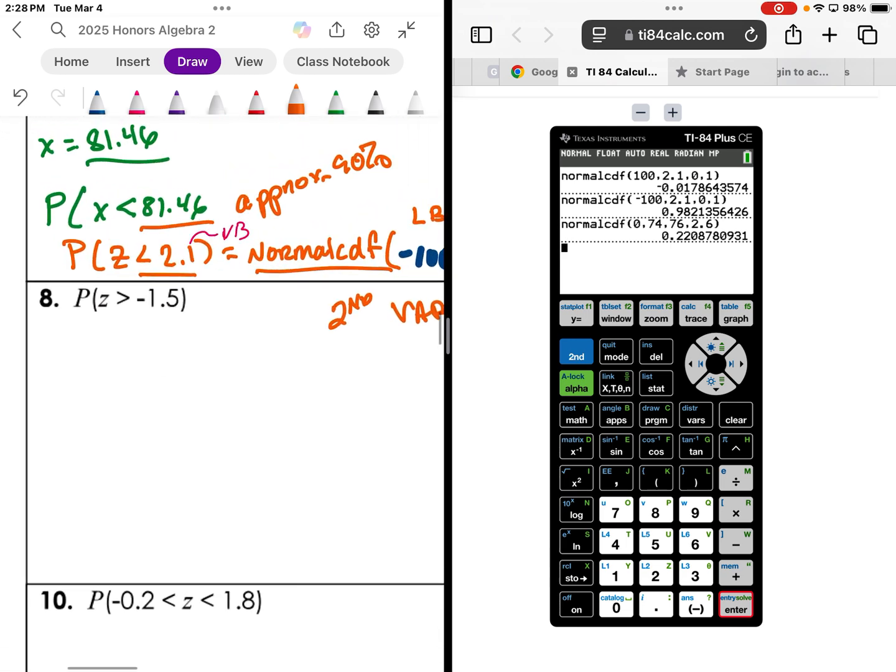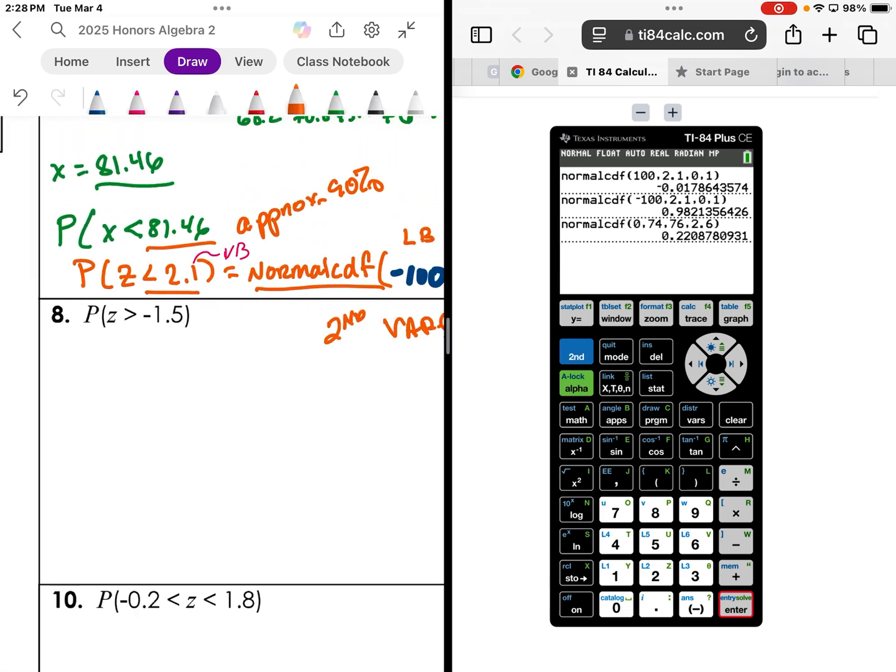Oh, here we go. Number 8, back to using Z. That means I have to go back to using the mean is 0, standard deviation is 1. Now, they're asking me greater than negative 1.5. Greater than indicates to the right. So I'm shading from negative 1.5 all the way out to the right.